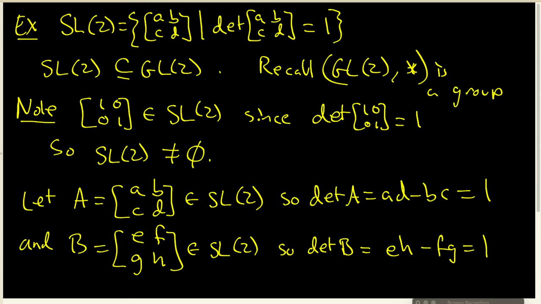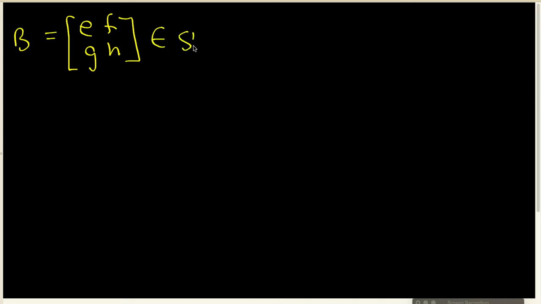So I've now got my two arbitrary elements of SL2. The next thing that I need to do is find B inverse inside GL2. Let's first of all write down B. So B is E, F, G, H. And it is inside SL2, which puts it inside of GL2 because SL2 is a subset of GL2.